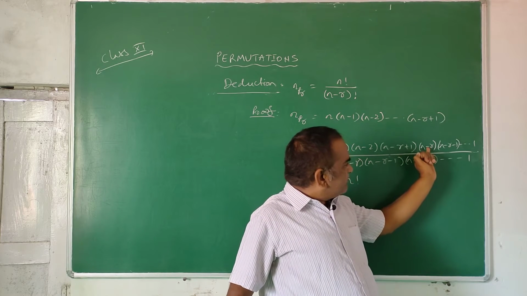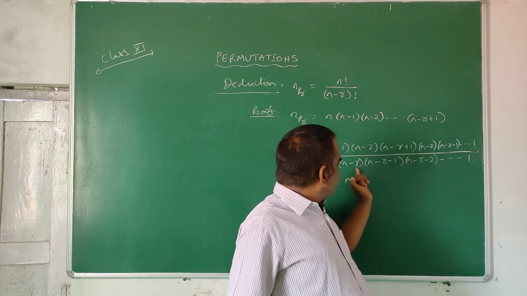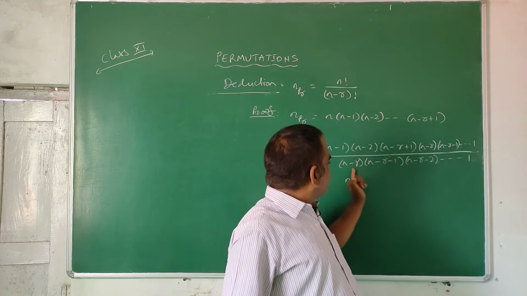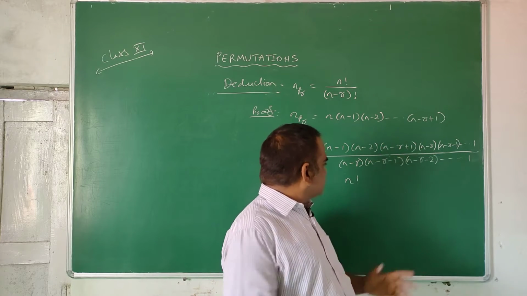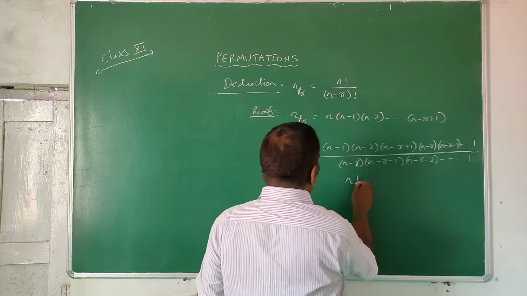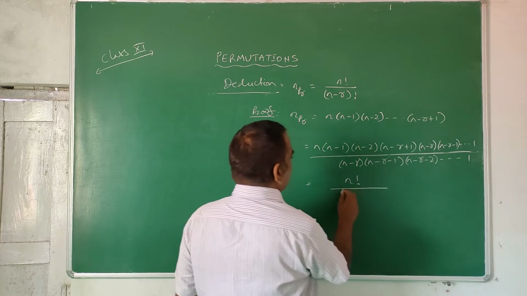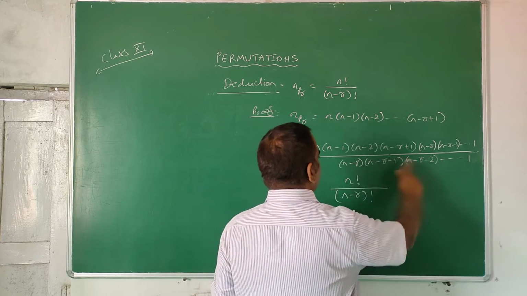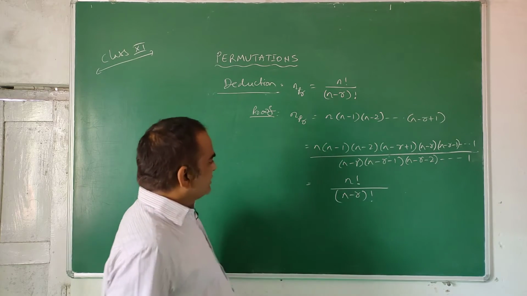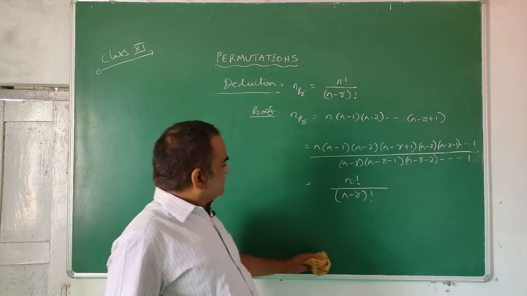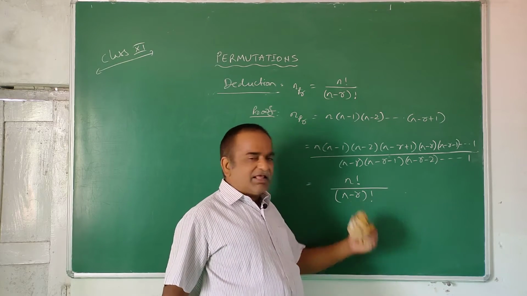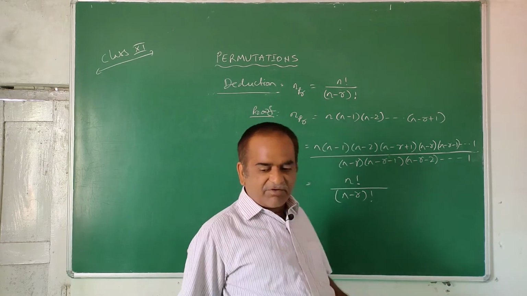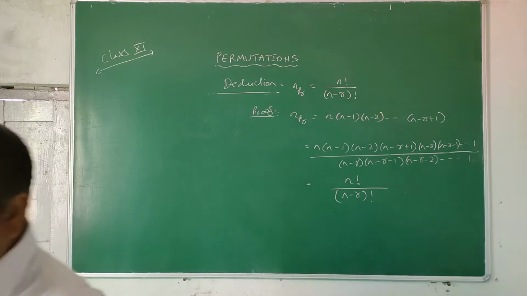The same thing has to be divided so that it gets balanced. So the numerator gives you n factorial and the denominator gives you (n minus r) factorial, because from n minus r you have gone up to 1. So the deduction for nPr is n factorial by (n minus r) factorial. Understood?